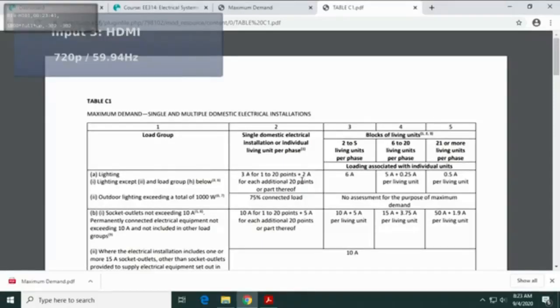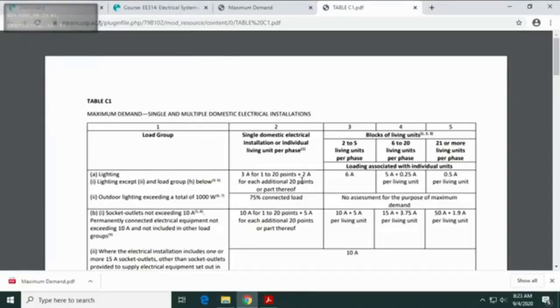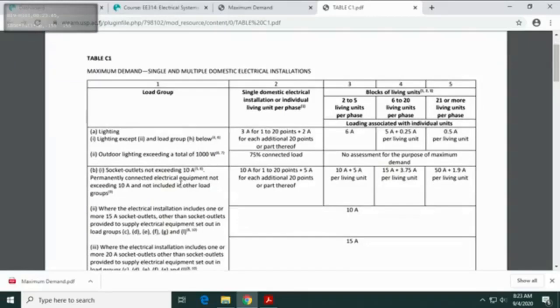So the first one, 9 by 10 amp single socket outlet, that is group B1. Here we take 10 amp for 1 to 20 points plus 5 amps for each additional 20 points or part thereof. Here we have 9, that means it falls into the first 1 to 20 points. That means we take 10 amps for 1 to 20 points, right? And this is not exceeding 10 amps.